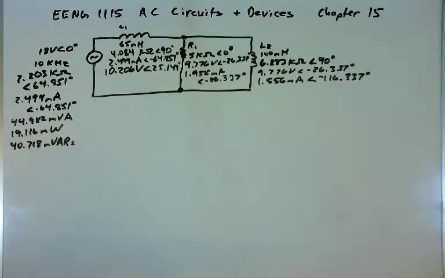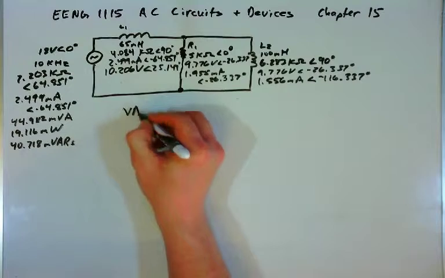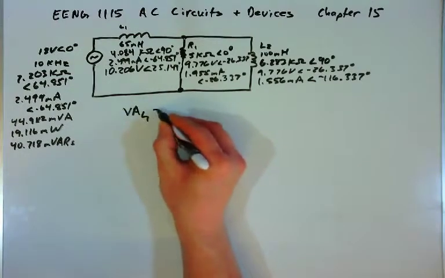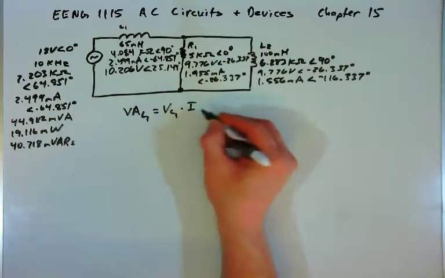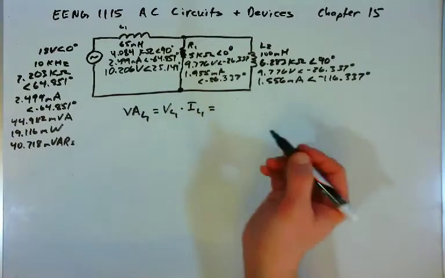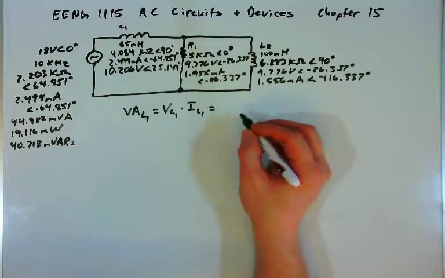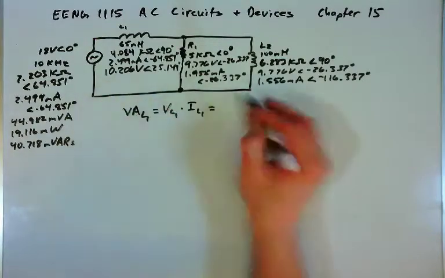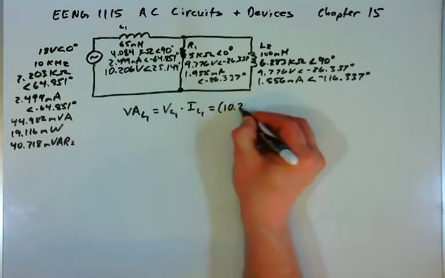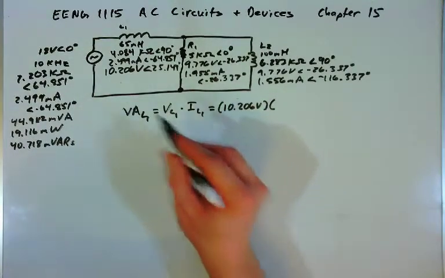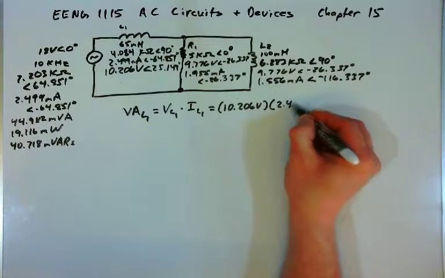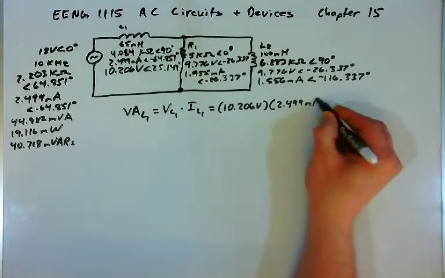Now let's look at inductor number 1. The volt amps for inductor 1 will be the voltage of inductor 1 times the current through inductor 1 without any regard for the angles. Voltage is 10.206 volts, and the current is 2.499 milliamps.